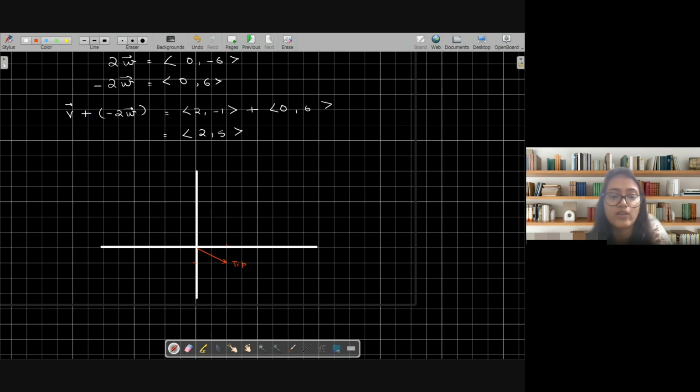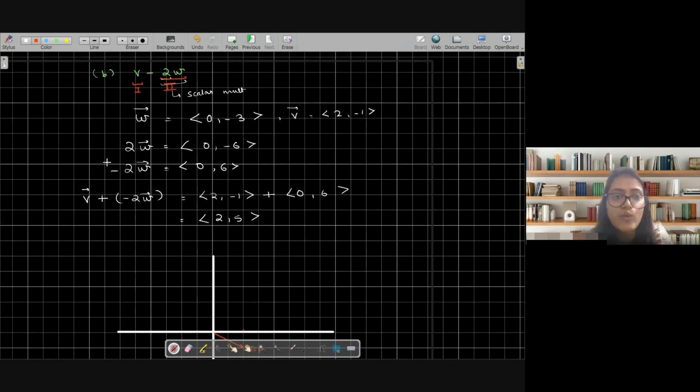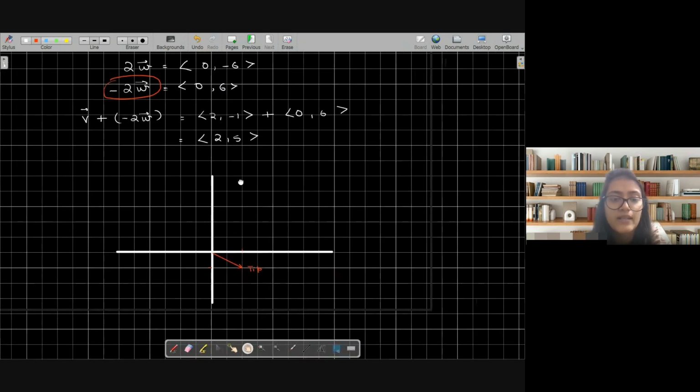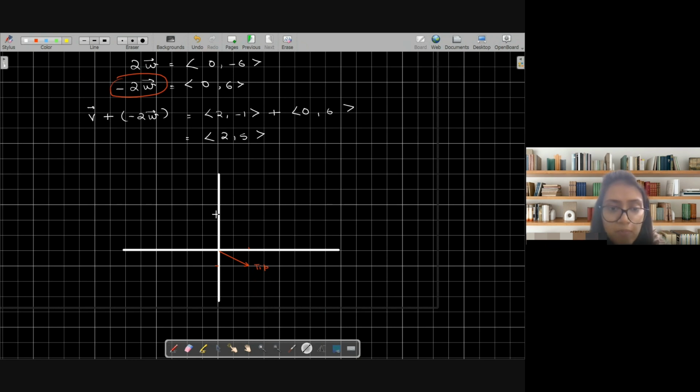Then draw the second vector. Now the second vector is negative 2w. So we'll draw this vector, negative of 2w. How much is this? (0, 6). So 1, 2, 3, 4, 5, 6. I should use blue color. It will be a vertical vector. This is vector negative 2w and this one is v.